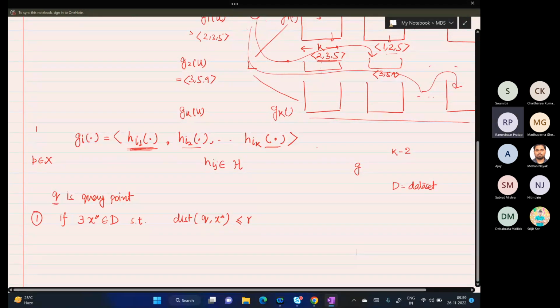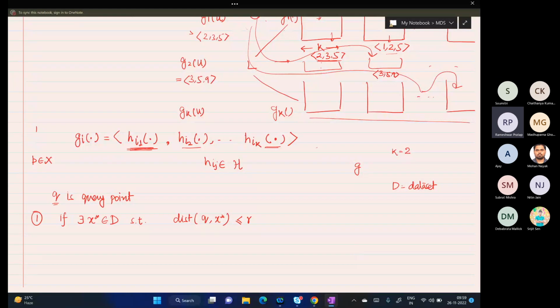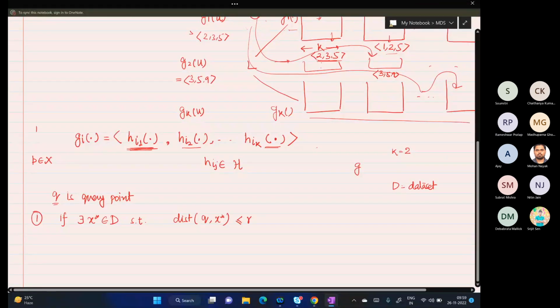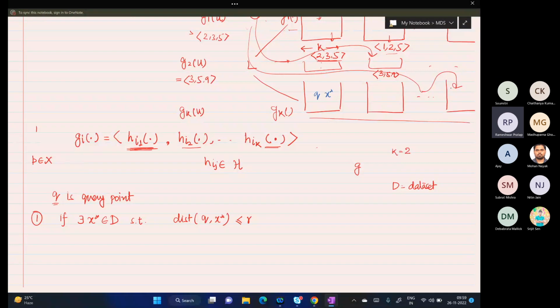We want that in at least one of these rows, either this or this or this, both Q and X star should map to the same bucket. Yes or no? Yes, sir.